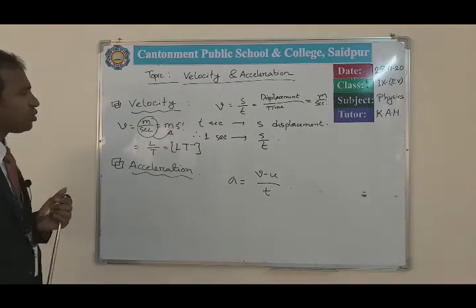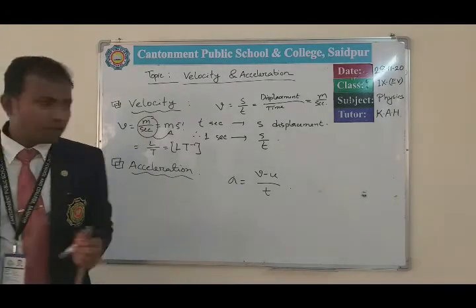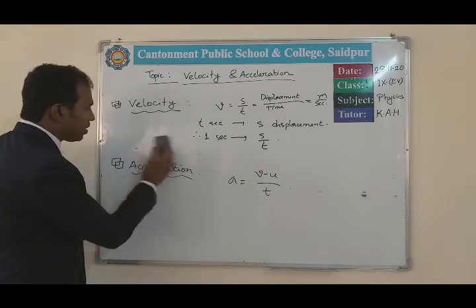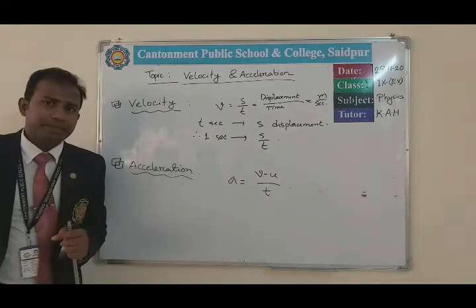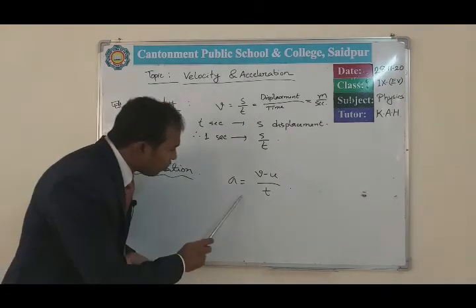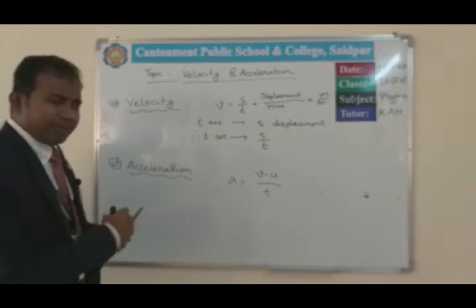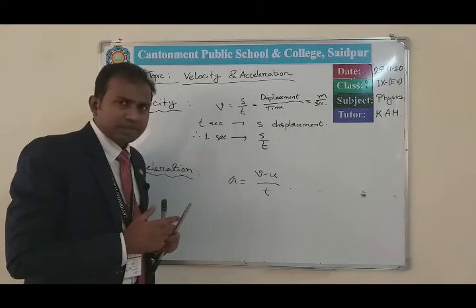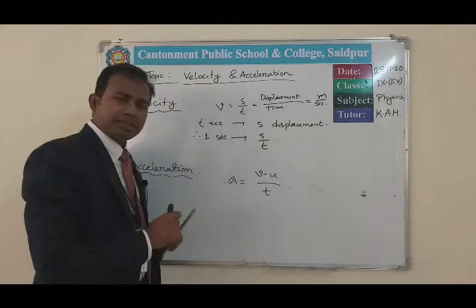The next one we are going to learn about is acceleration. If you look over here, I have written A equals V minus U by T. What is it indicating?